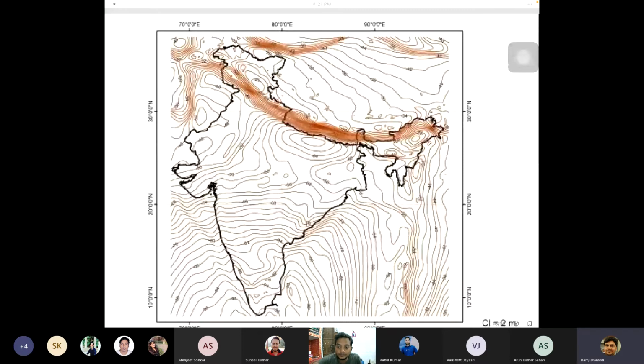At one region near Nepal, you could see that the topography is heavily varying. Large topography is there, and in other regions of the country, we do not have such steep topography.